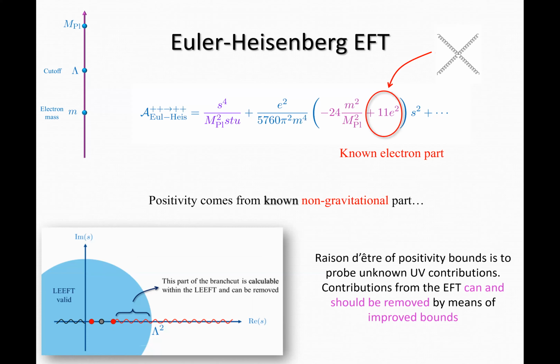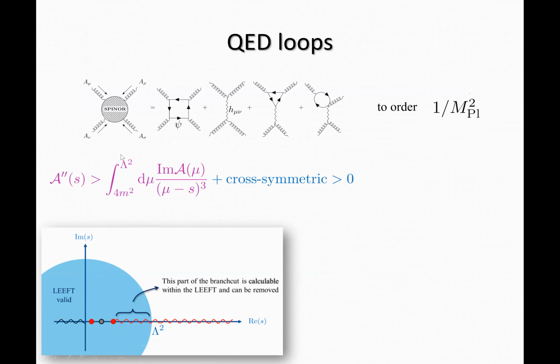I'm allowed to subtract out the loops from the electrons because they are known contributions in my EFT. And so with the improved positivity bounds I mentioned before, I can remove these contributions of the loops of the electrons up to a given cutoff, where the cutoff is up to us to decide.